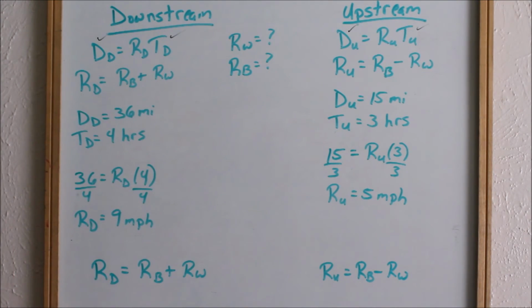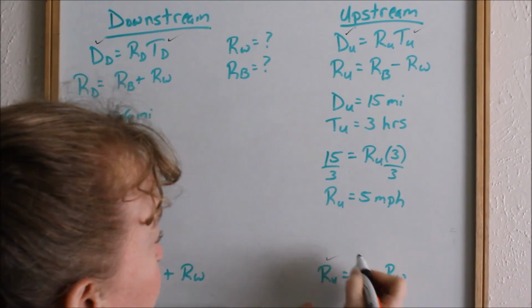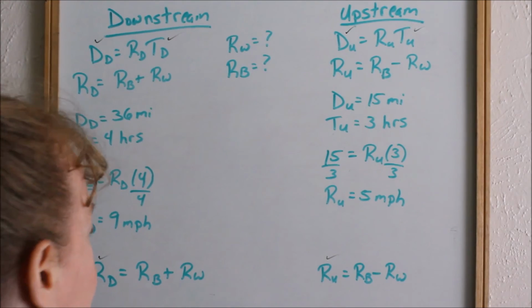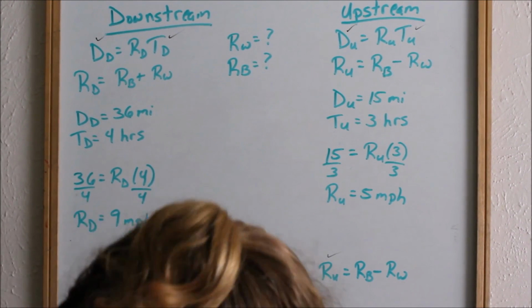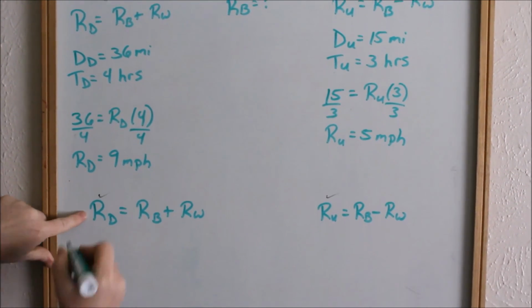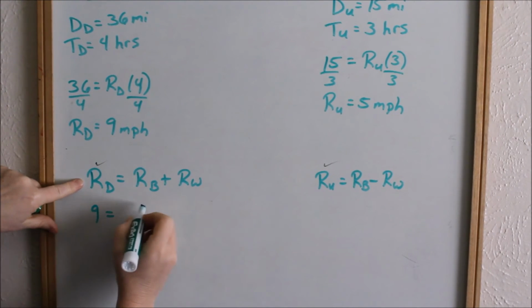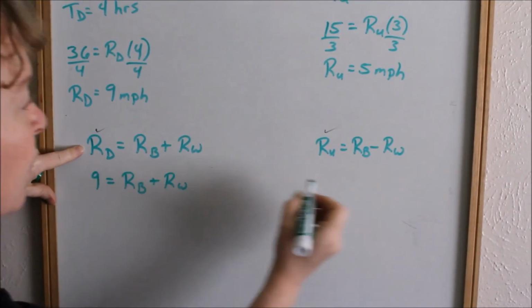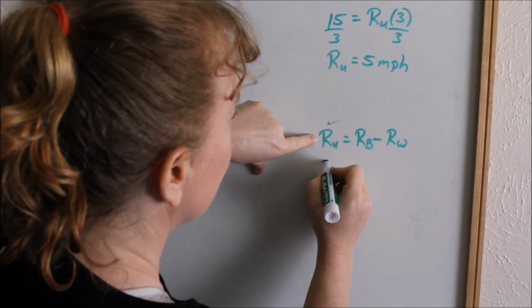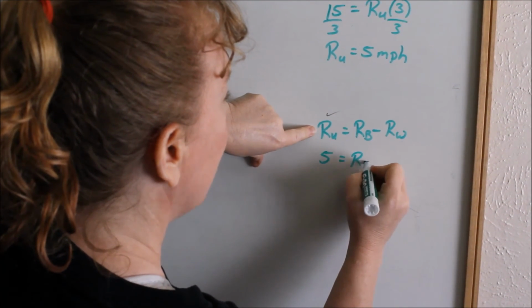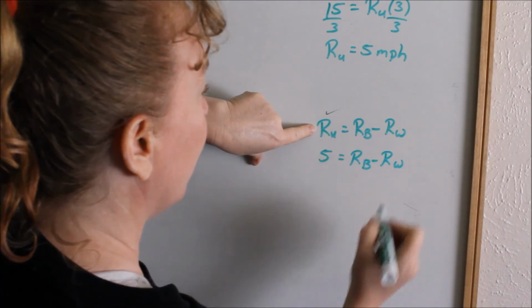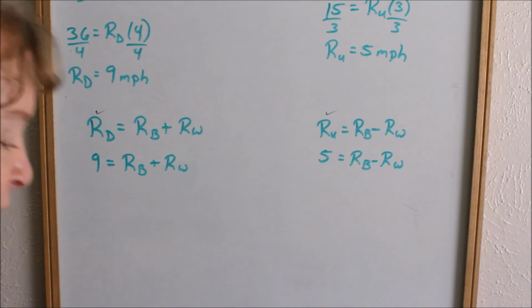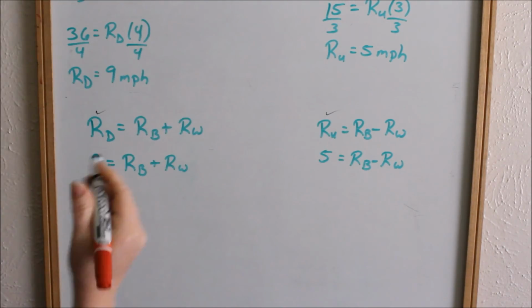We just calculated the rate downstream and the rate upstream, so let's plug in what we know. The rate downstream is 9. We don't know the boat, and we don't know the water. Over here, the rate upstream was 5, and we don't know the boat or the water. These are our 2 equations and our 2 unknowns.